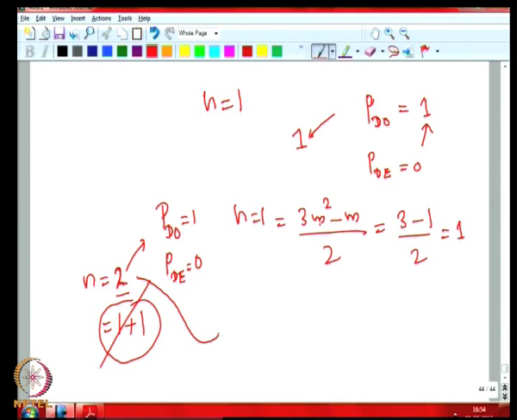But I am claiming that n is again of the form 3m square plus m by 2 this time. Why? Because if you put m equal to 1, we get 3 plus 1 by 2, that is 4 by 2, which is 2. See? The difference between PDO and PDE is only 1 here, 1 and 0, right?